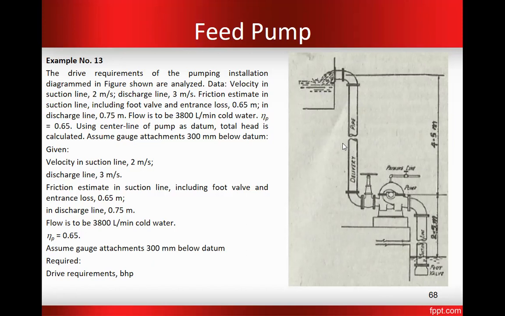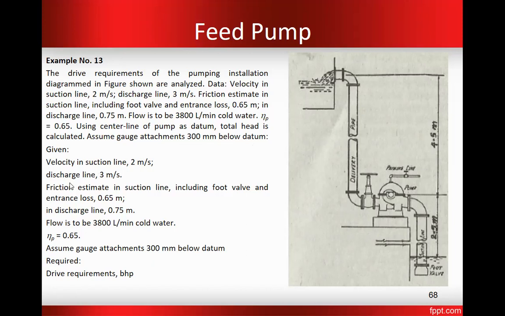Using the center line of the pump platform, this is the center line of the pump, total head is calculated. Assume gauge attachment 300 mm below datum. Ito yung gauge, 300. So, wala pinakitang gauge dito. So, yan. Assume gauge attachment 300 mm below that. So, dito yung mga gauges sa baba. Okay.